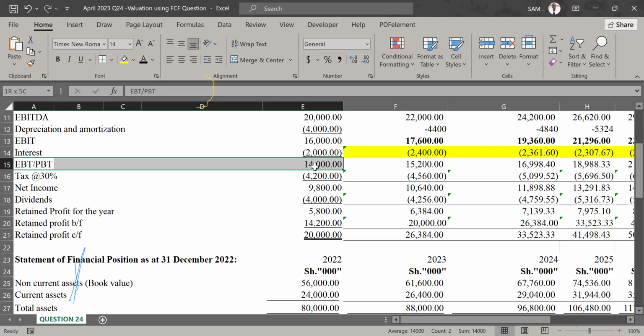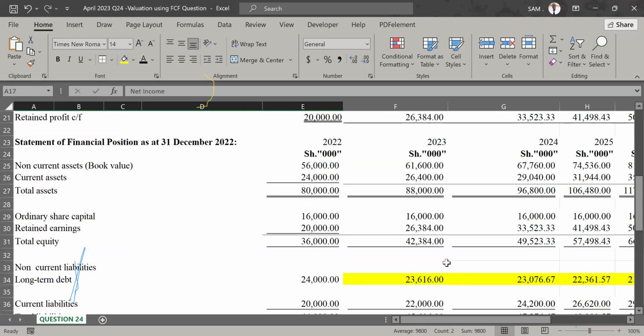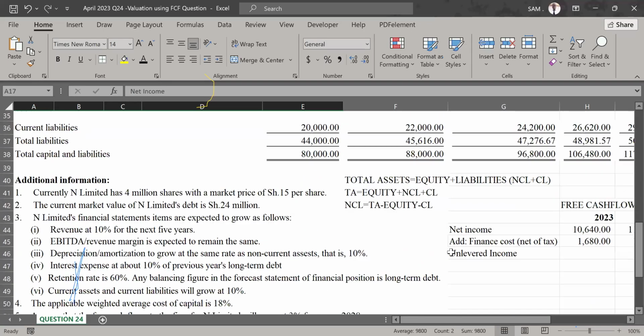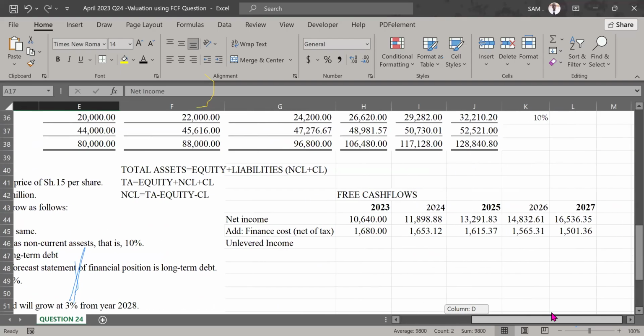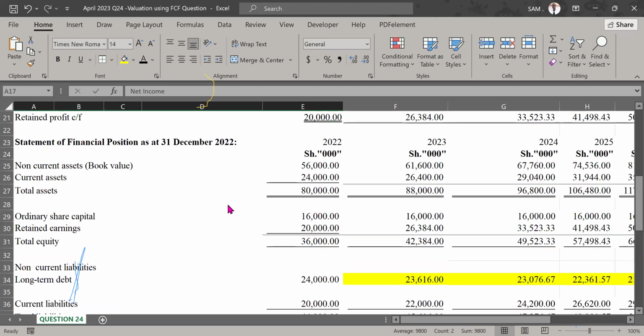But now we have started from net income. The income that you get net after you've already paid what? You've already charged your tax. And that is why, when we use this approach of free cash flows and start from our net income, this finance cost we already charged in the income statement, and we've already charged the tax.